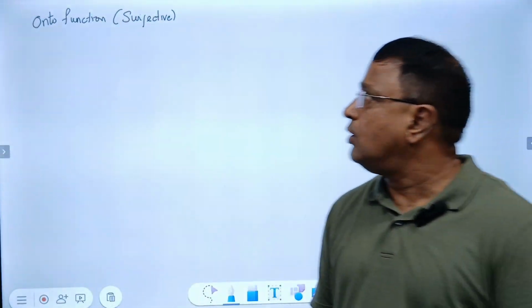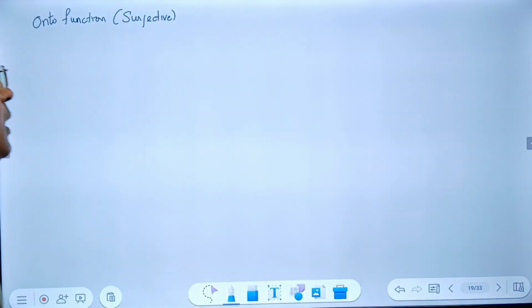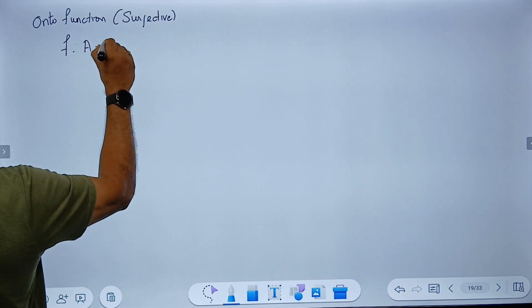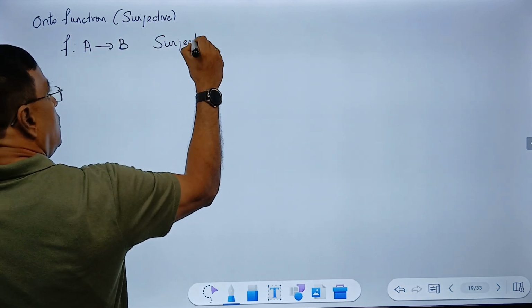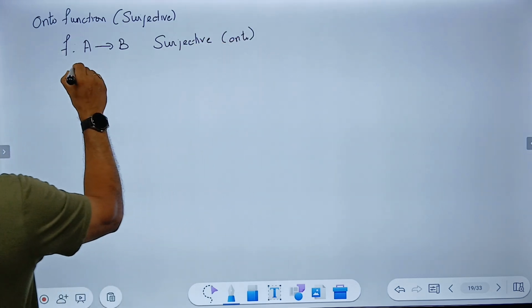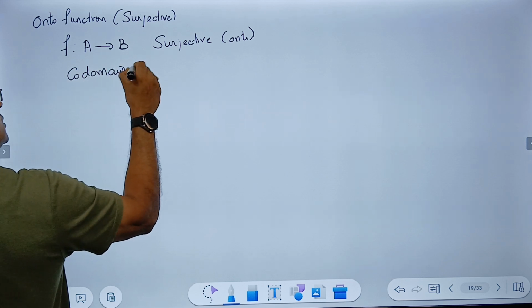Now, what is this onto function, or what is the meaning of surjective? If f is a function from A to B, and I call it surjective, or I call it onto, when do I say that? Very simple. When codomain equal to range.